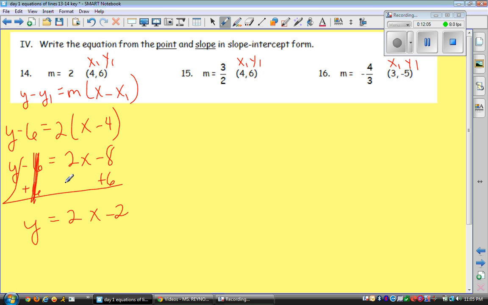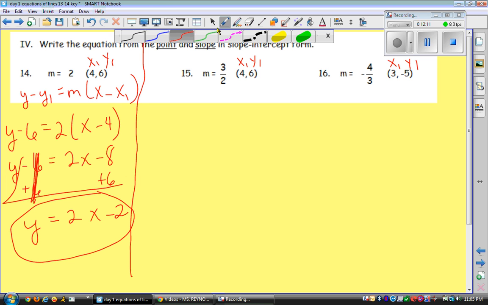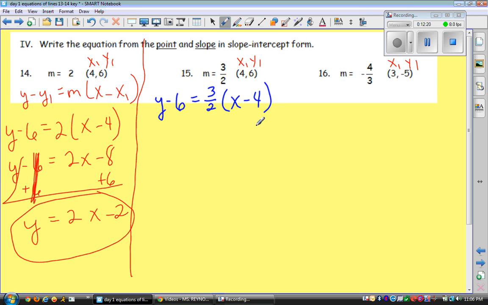And that should have canceled out there. So there is your answer for number 14. For number 15, the exact same thing. Y minus y1 equals m times x minus x1. So doing the algebra, y minus 6 is distribute 3 over 2x minus 3 times 4 is 12.